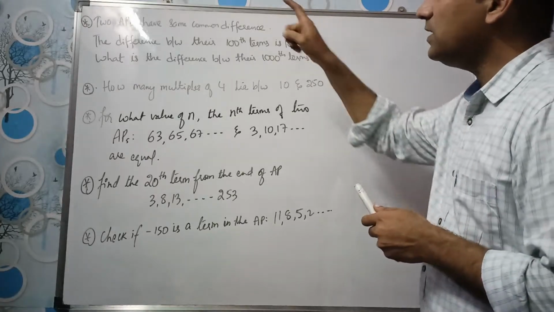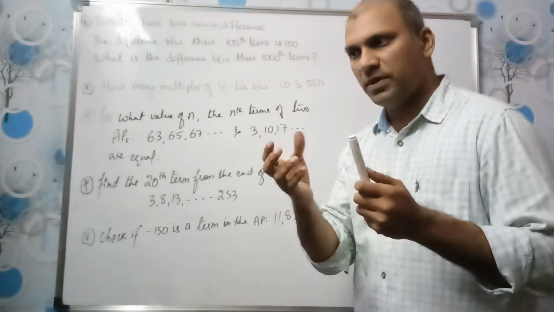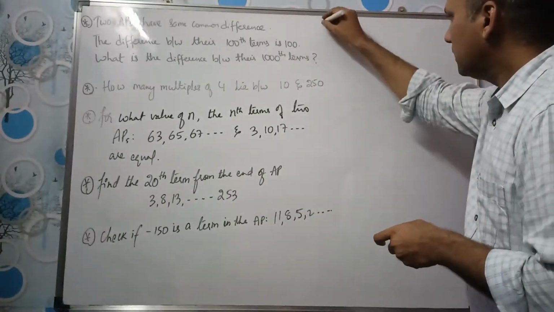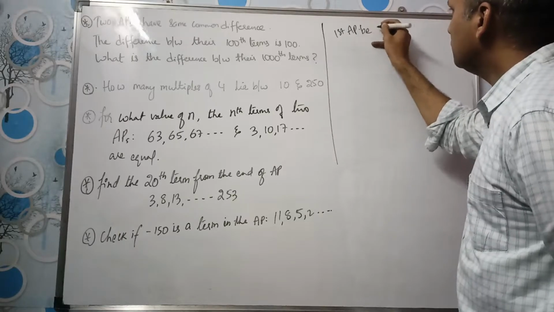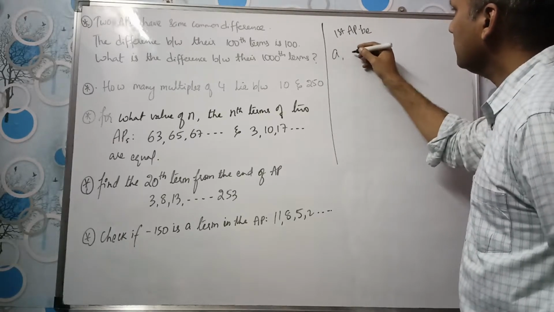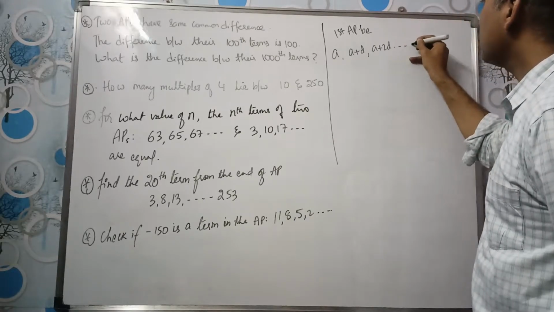First solve the problem. See, two APs have same common difference. So let us take two APs whose common difference is same. Let the first AP be A, A plus D, A plus 2D and so on.